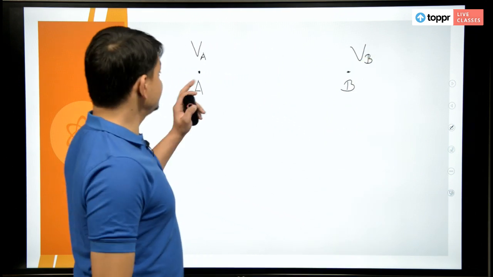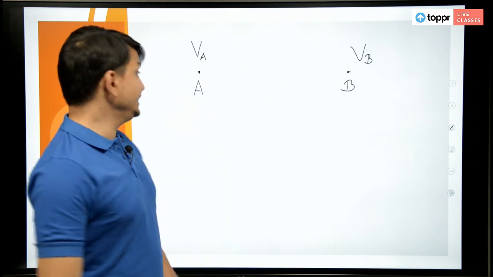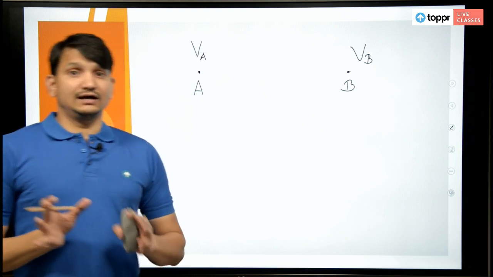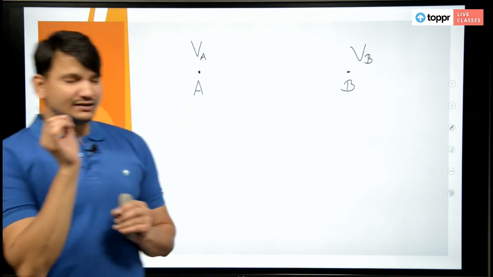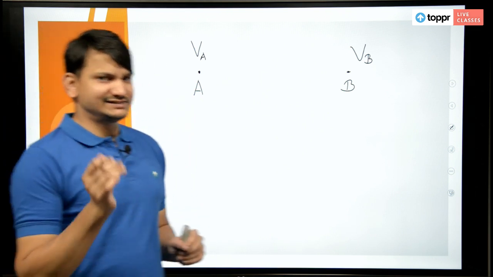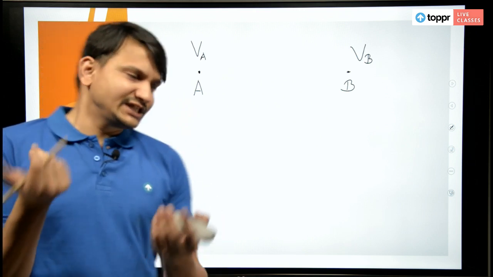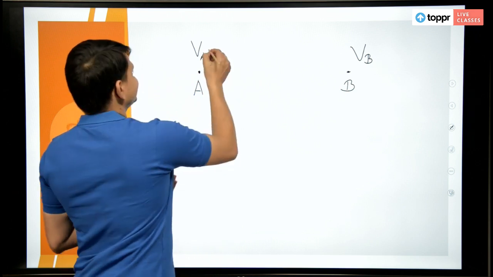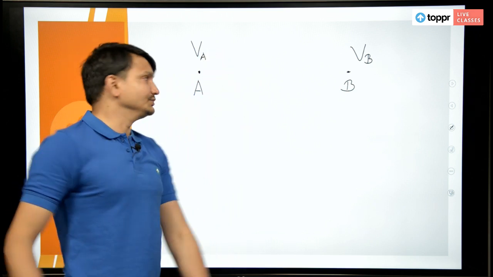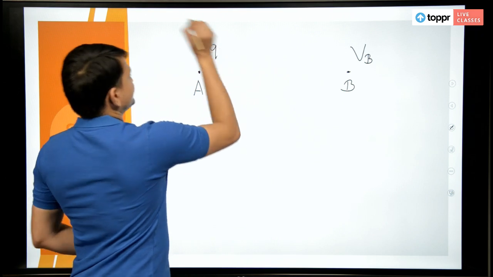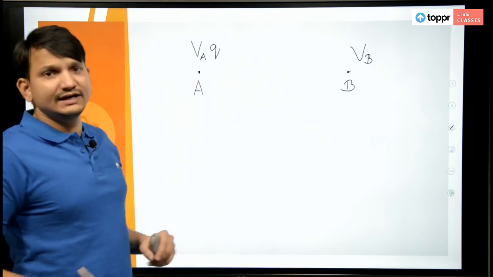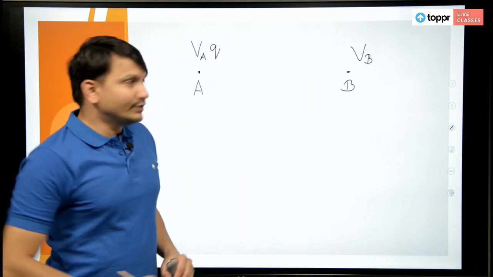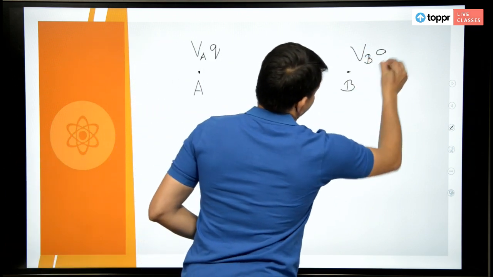The electrostatic potential energy associated with this point for a point charge, a unit positive charge, that is you can say 1 coulomb charge, would be VA times the charge. You can simply say, let us say that is Q, positive Q. So electrostatic potential energy for this point is VAQ. Electrostatic potential energy for this point would again be VB times Q.